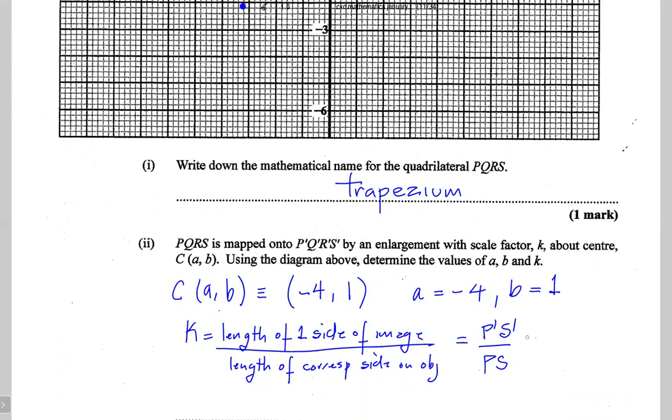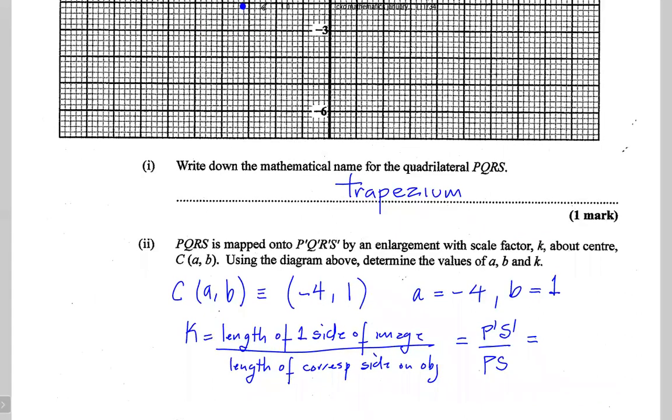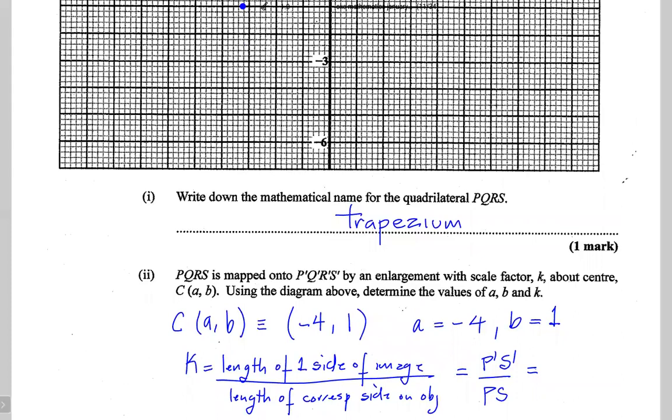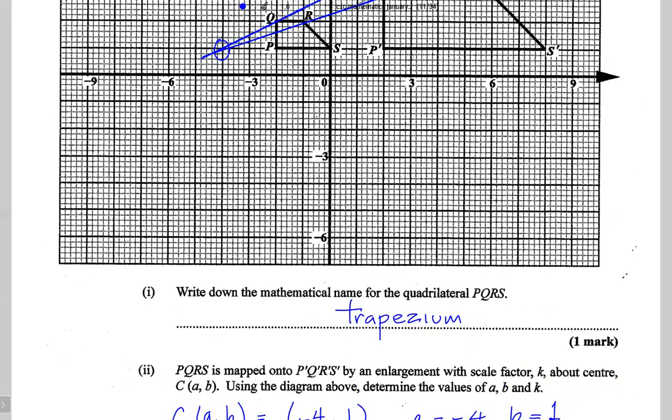In other words, K is the length of one side on the image divided by the length of the corresponding side on the object. P prime S prime is 1, 2, 3, 4, 5, 6 units, and PS is 2 units.